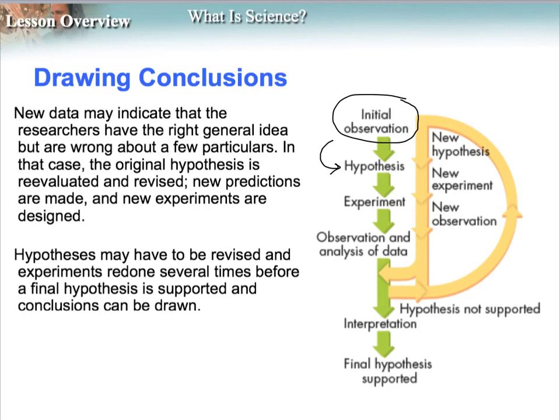Then we designed our controlled experiment, where we added just nitrogen, all the other variables were kept the same, made observations and analyzed data. That's where we took measurements of the grass after adding the nitrogen and observing, so we did the qualitative data, quantitative data.